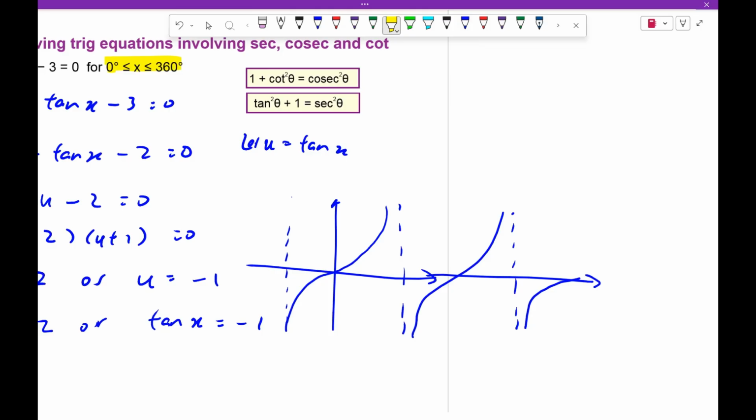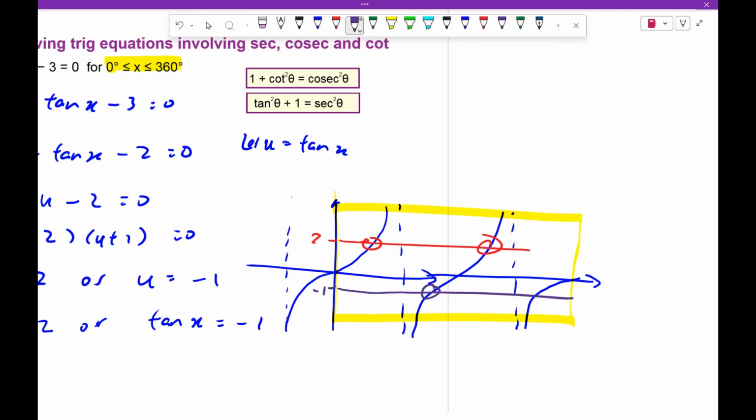Okay, so that means 我们只是看这一个部分。When x is equals to 2, tangent x equals to 2, 也就是讲这在这一个地方。There are how many answers? 2 answers. If it's negative 1, somewhere around here, how many answers do we have? 2 answers. So total, we have 4.